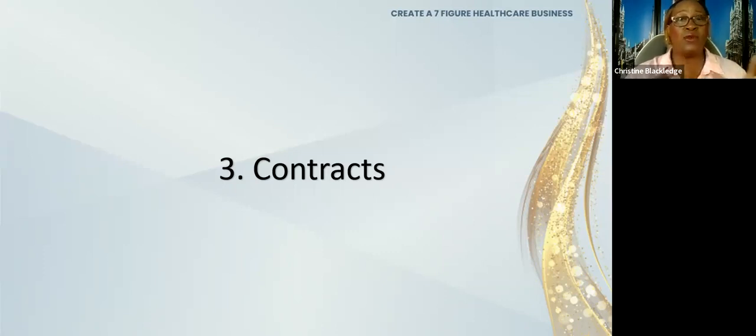I hope that everyone is writing this down, and you're going to create a spreadsheet of what you need to do, because I'm giving you some really good nuggets. Although you're going to get the spreadsheet, it's good for you to start writing things down. So what contracts will you do?